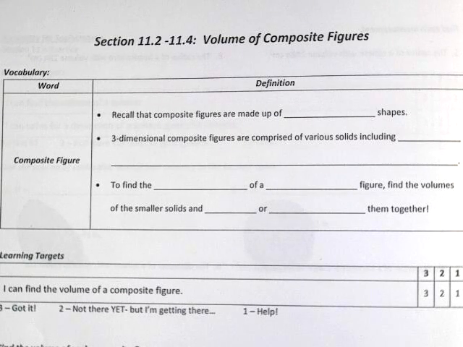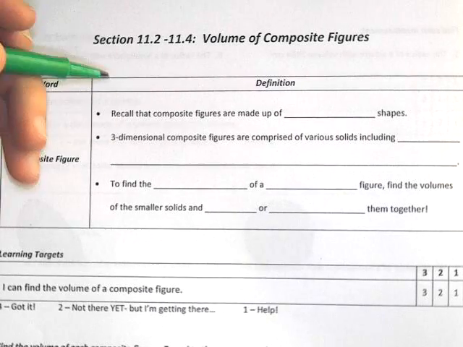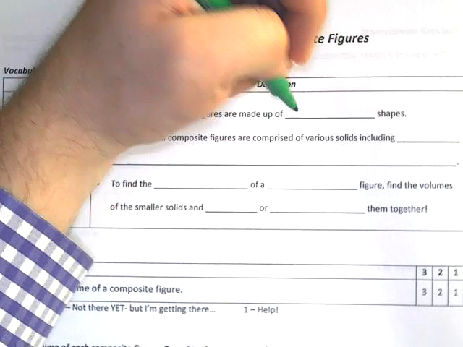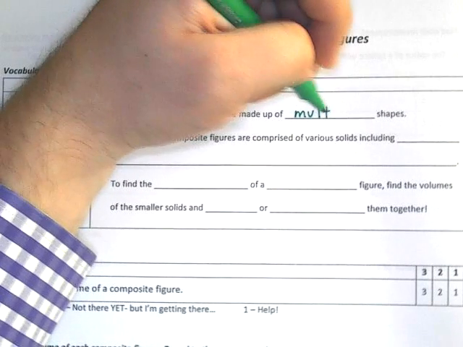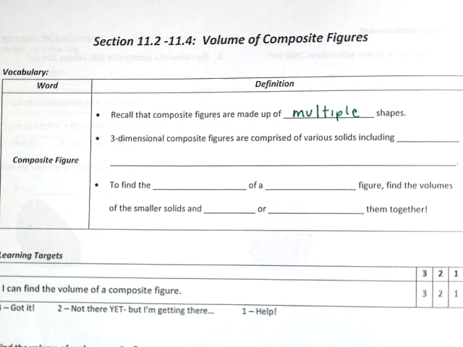So, for a composite figure, we still have to recall that composite figures are made up of multiple shapes.